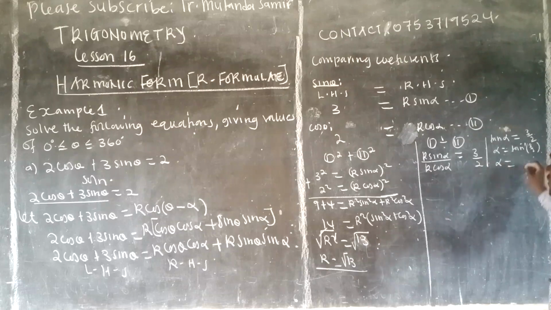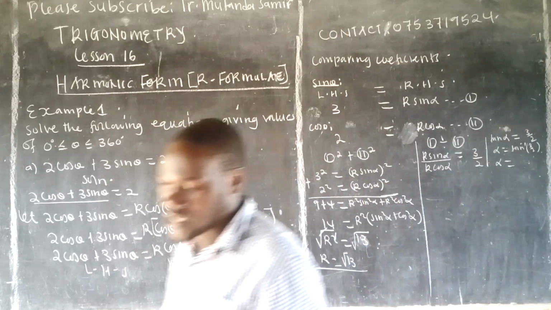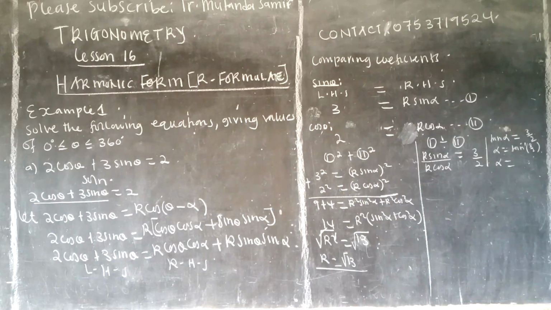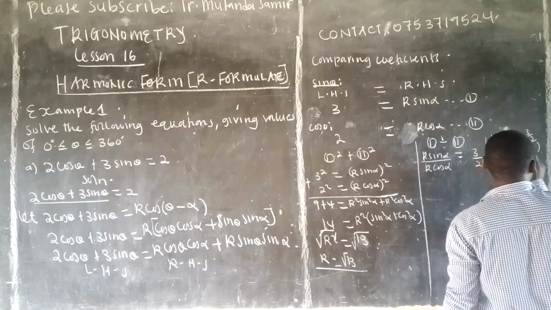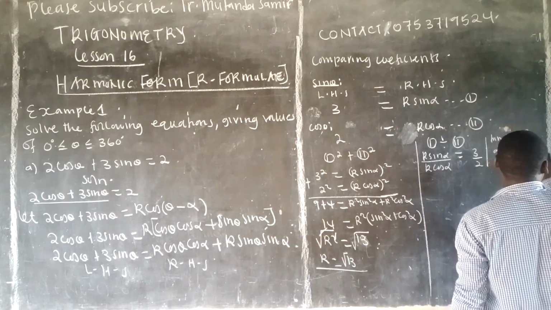So now alpha will be which answer? You press in the calculator and give us that answer very fast. All right, so now tan inverse of that, and I think it is 56.3 degrees.